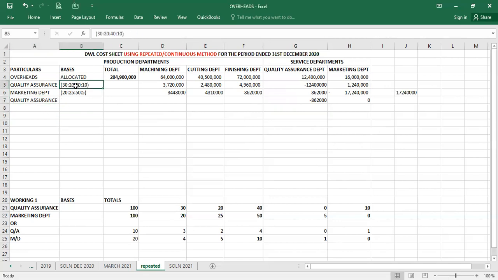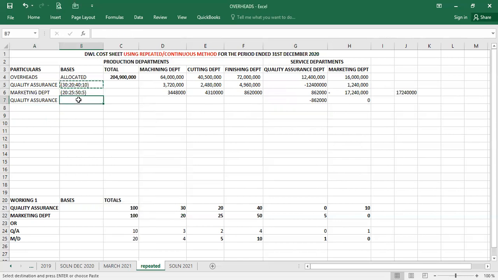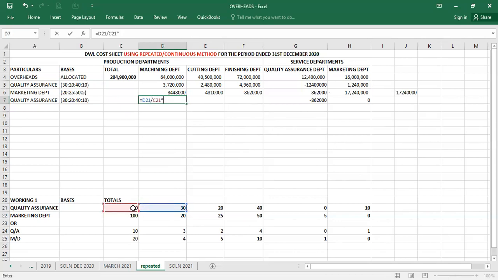In the same proportion, so we can copy that one the way it is and paste it here. We are now distributing this. It will be equal sign the same percentage divided by this, then we multiply. Now we are multiplying by this one. It will be that.